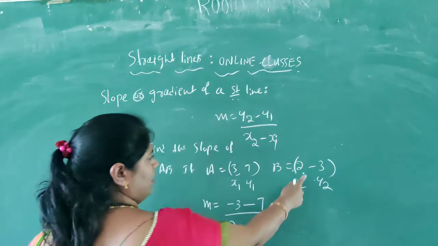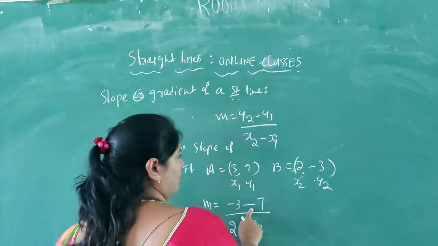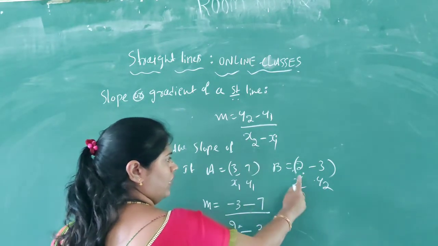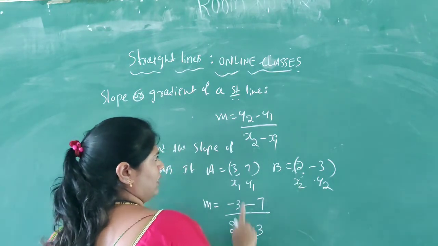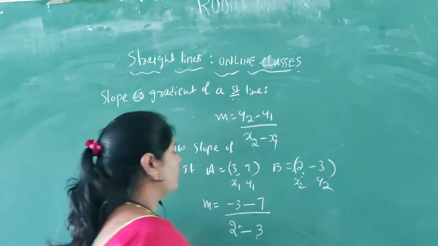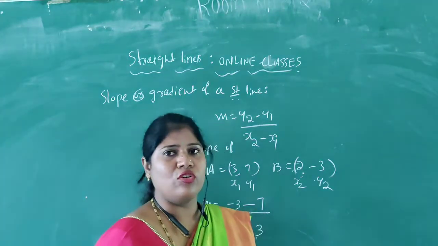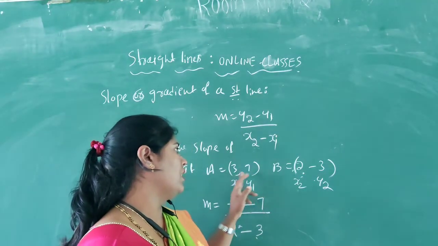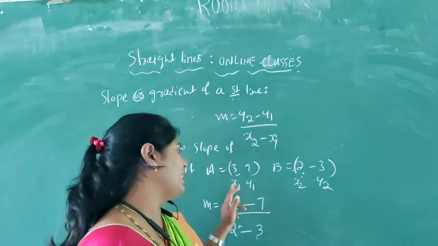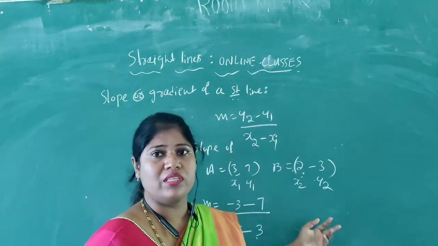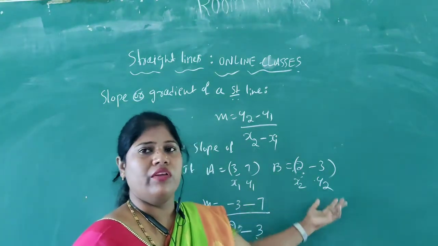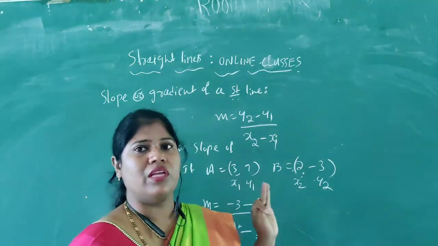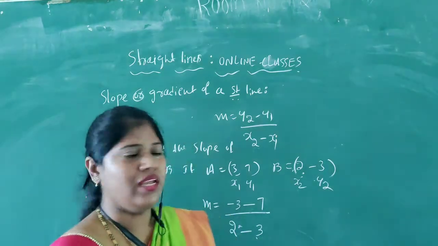You have to write in this manner only. But here the first vertex will always be x1, y1 and the next vertex will always be x2, y2. If there is a third vertex, we have to write x3, y3.